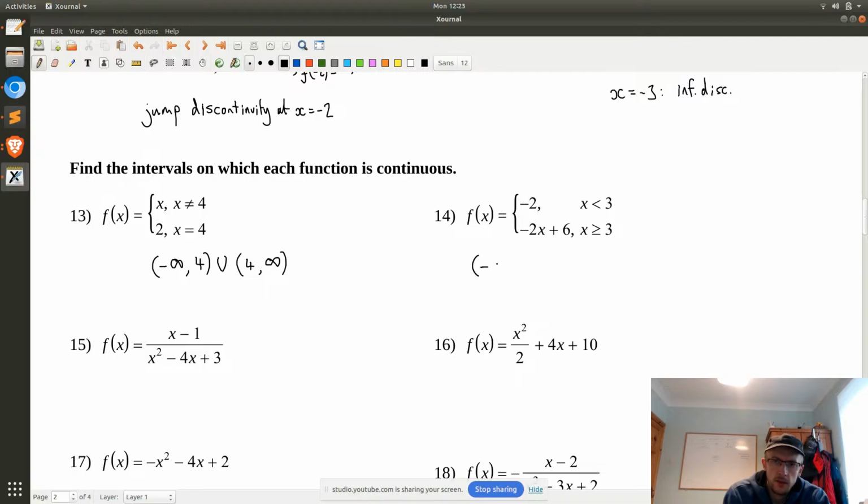It's continuous from negative infinity up to 3, and then 3 onwards. Okay, but I must check.